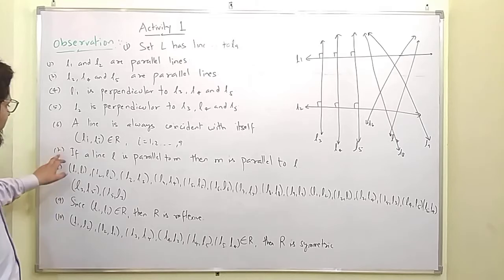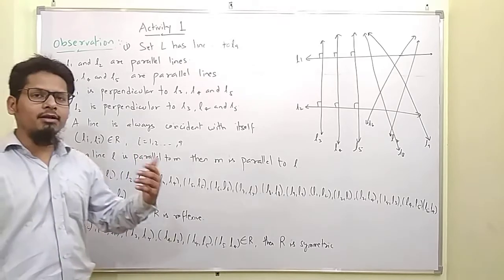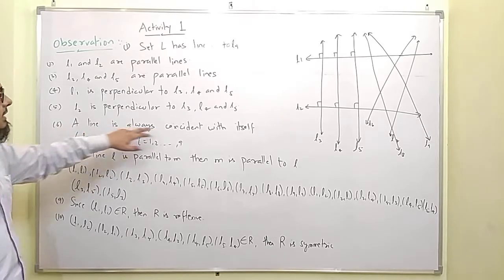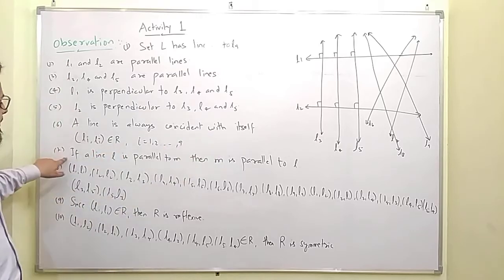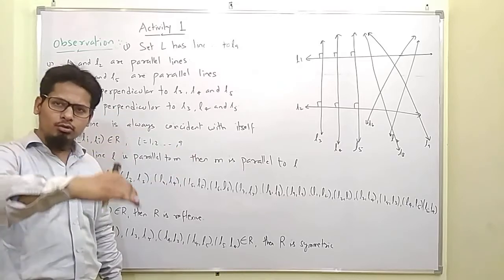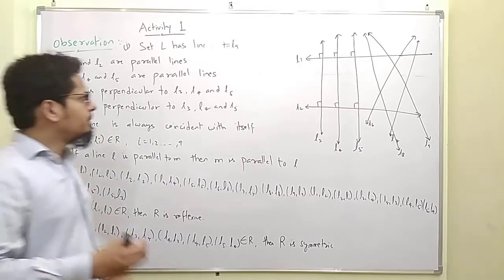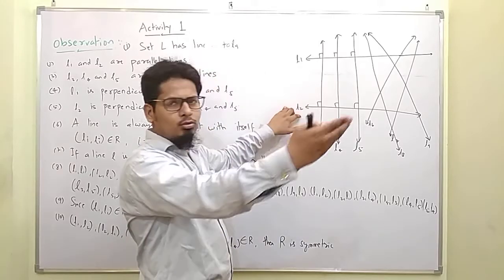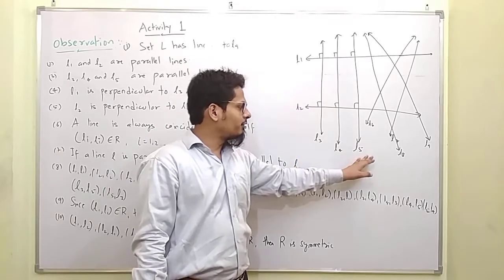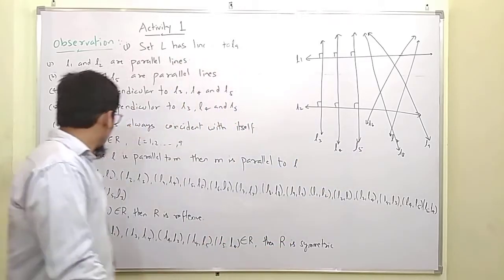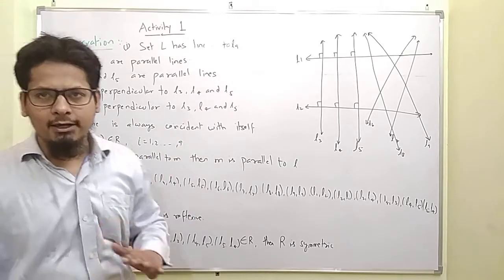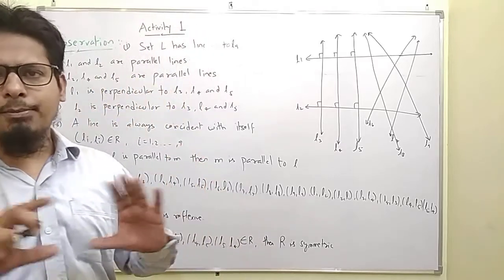And from point 7, number 6 says a line is coinciding with itself, and number 7 says if L is parallel to M, then M is also parallel to L. Clear? It's a very simple thing. L1 is parallel to L2, then L2 is parallel to L1; L3 is parallel to L4, L4 is parallel to L3; L4 is parallel to L5, L5 is parallel to L4.